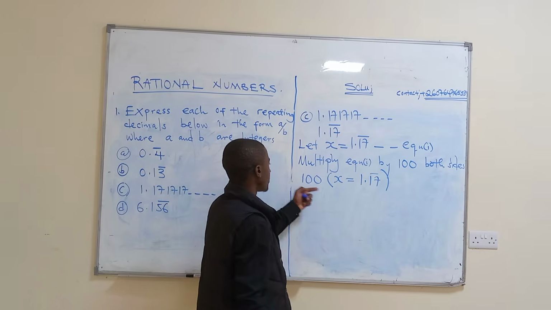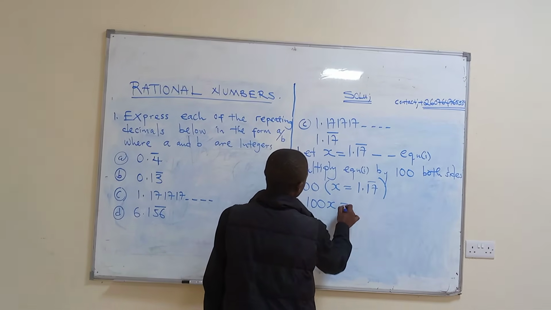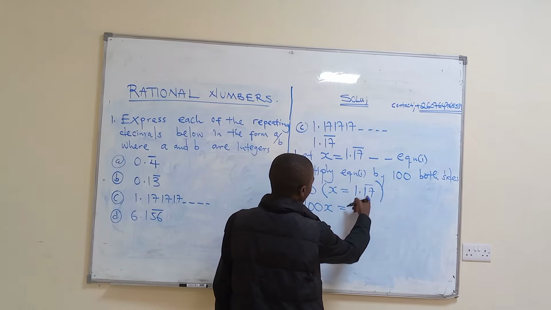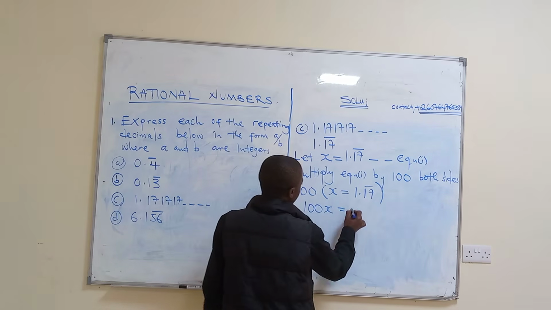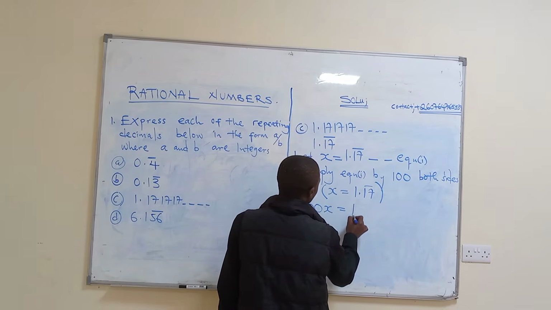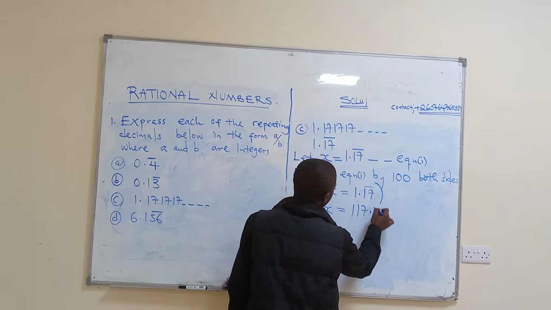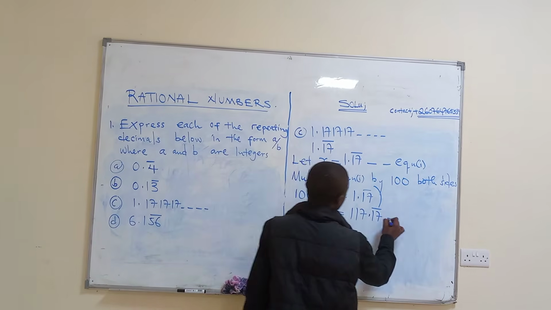So 100 times x, that is 100x is equal to, this decimal point is going to move twice, 1, 2, because I'm having 2 zeros there. That is, I'm going to remain with 117.17 with a bar.